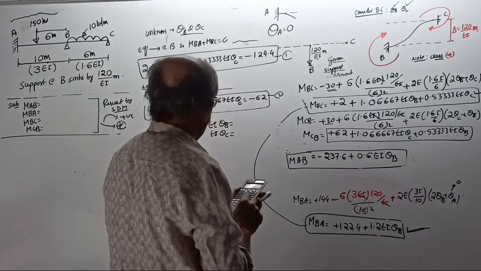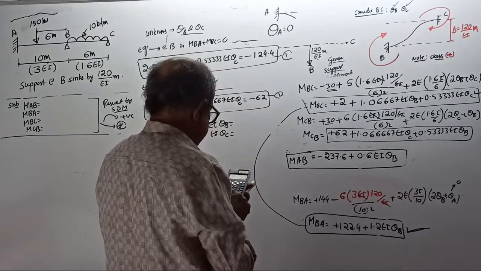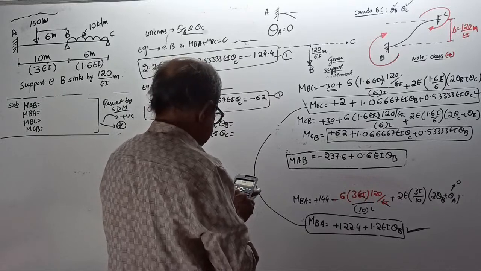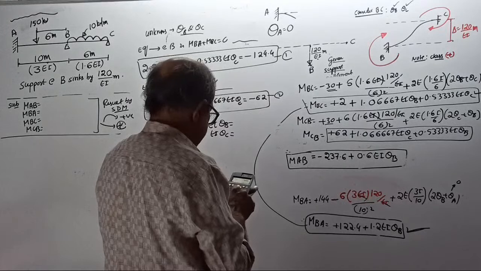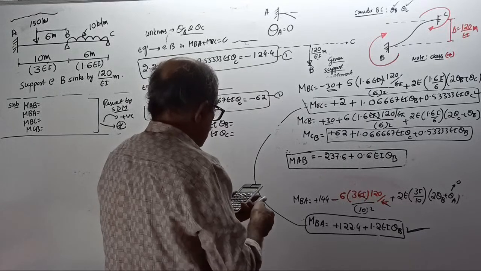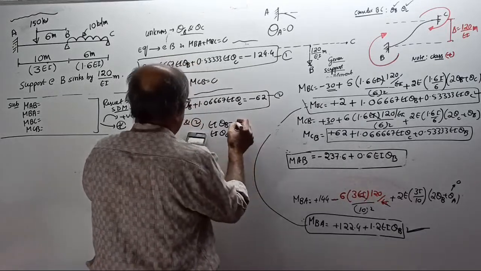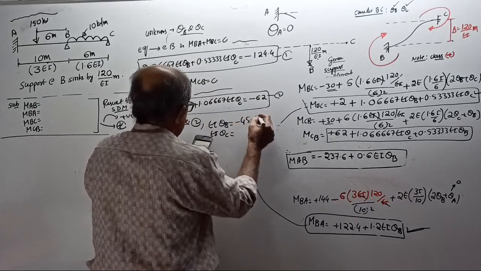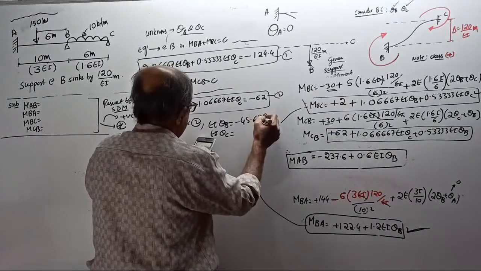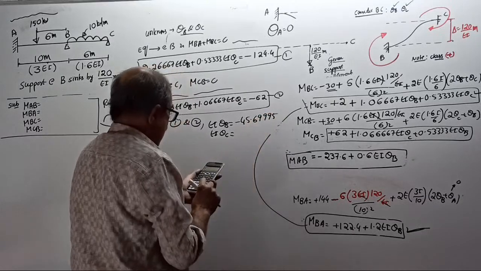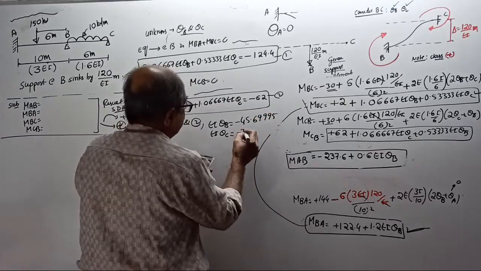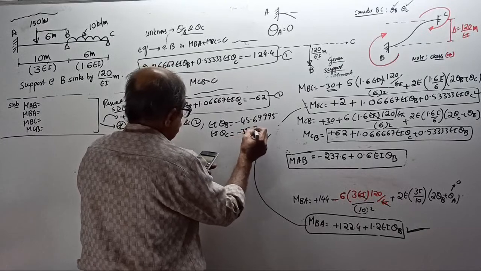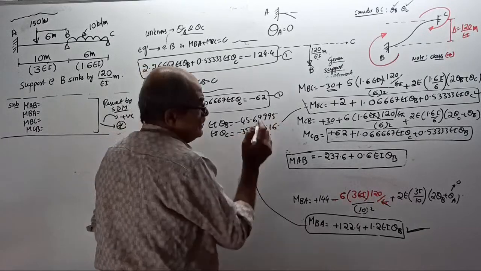Equal to minus 124.4, next one is 0.53333, next is 1.06667 and minus 62 equal to minus 45.69995, and other one is minus 35.27516. Correct answer.